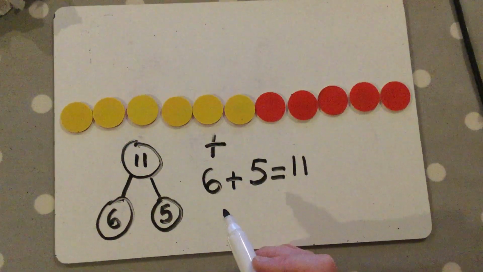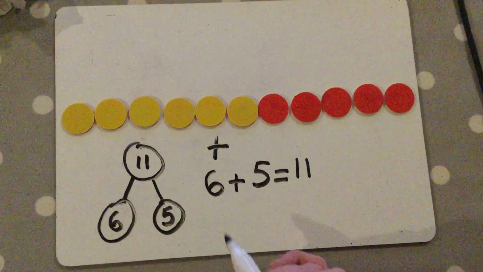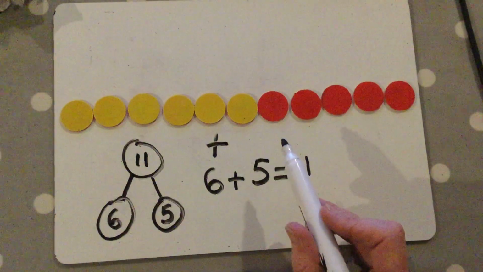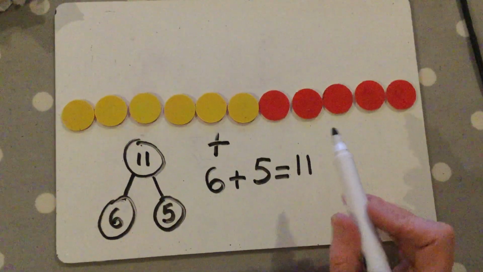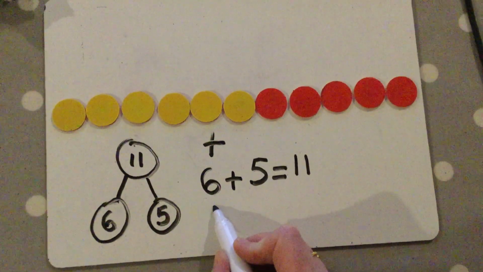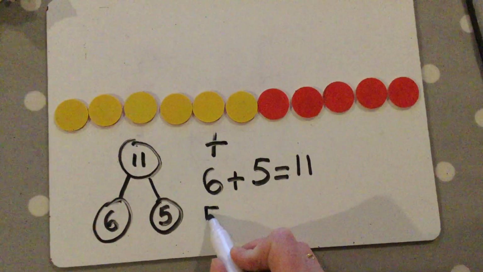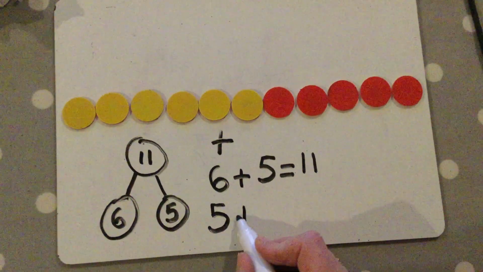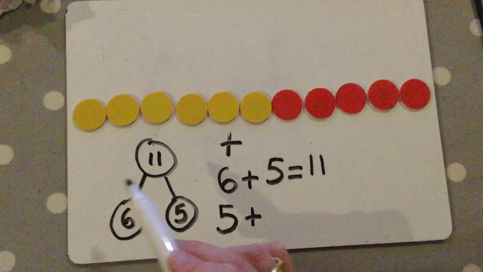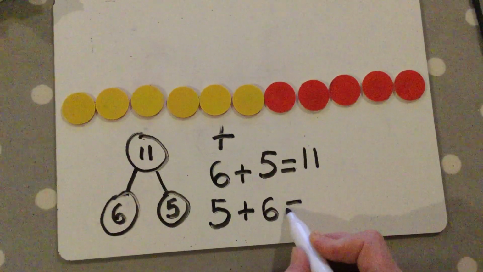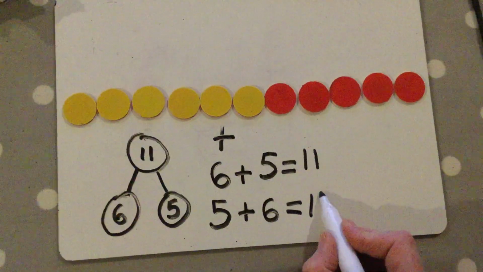Now I could also swap those parts around, because I could say 1, 2, 3, 4, 5. My 5 red counters, I'm going to write them first in my equation this time. 5 red counters add 6 yellow counters is equal to 11.